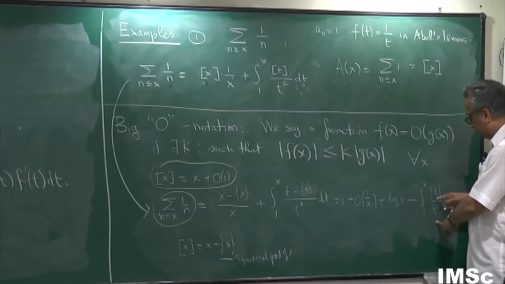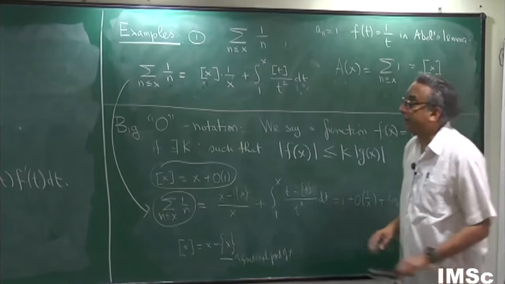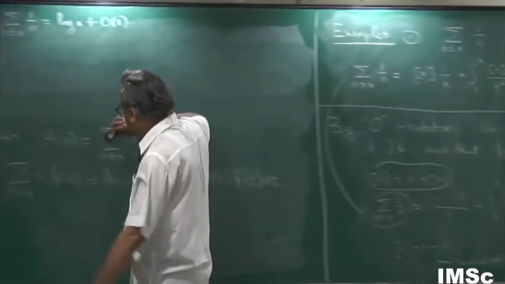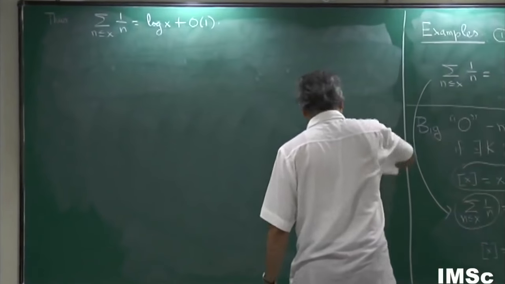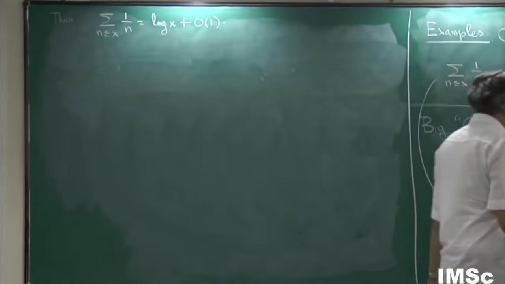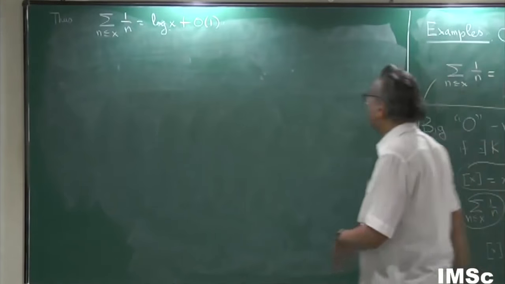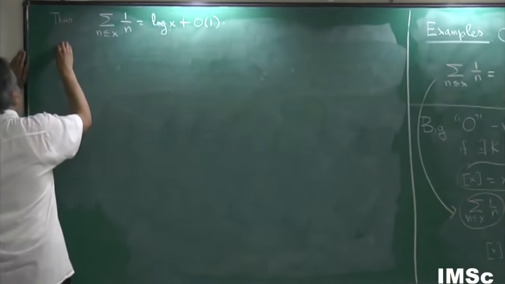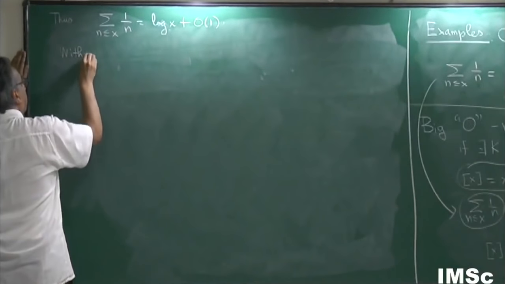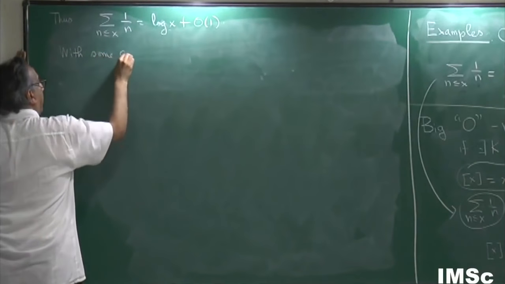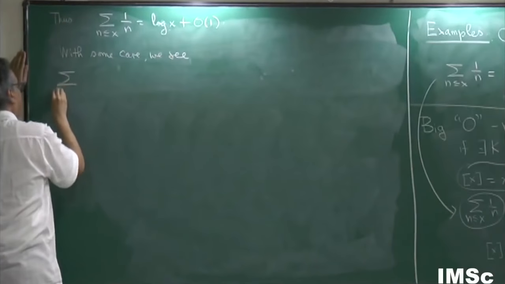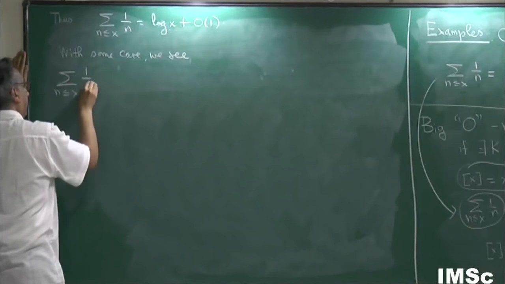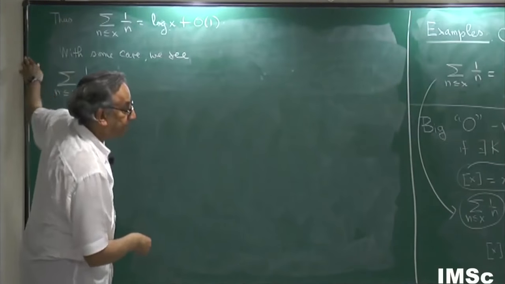But now you can see that this is actually a convergent integral. So I'm going to rewrite this. Well, I'm hoping you've memorized this now. So keep this here. So notice that, with a little bit more care, we see summation n less than x, 1 over n, is equal to, what is it?